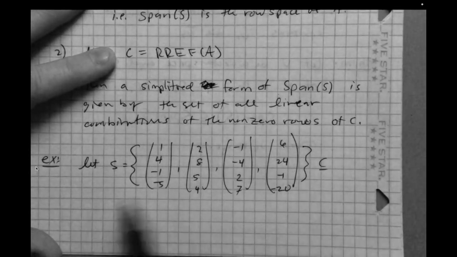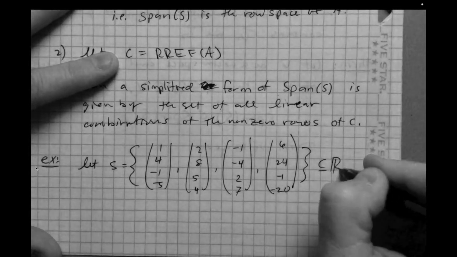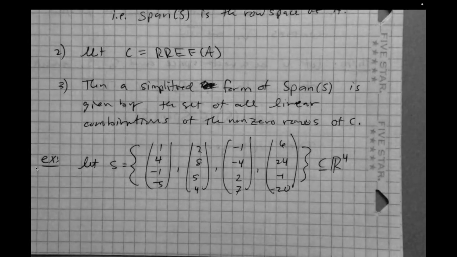This is my subset of R4, and maybe I want to simplify the vectors used to express the span of these 4 vectors.